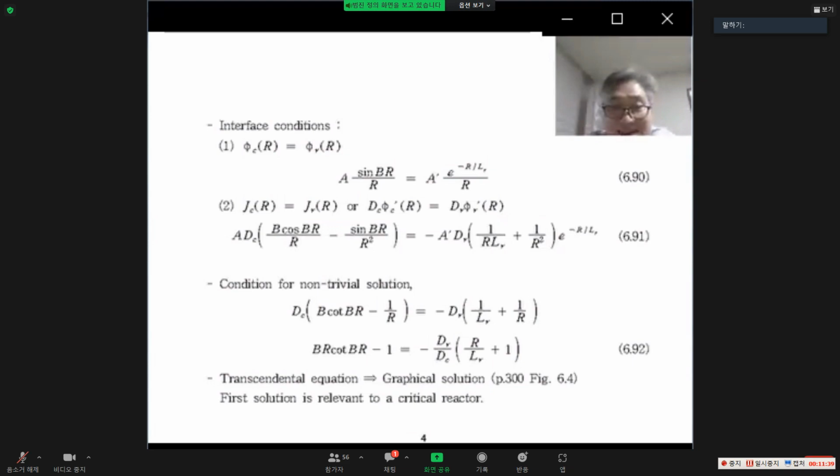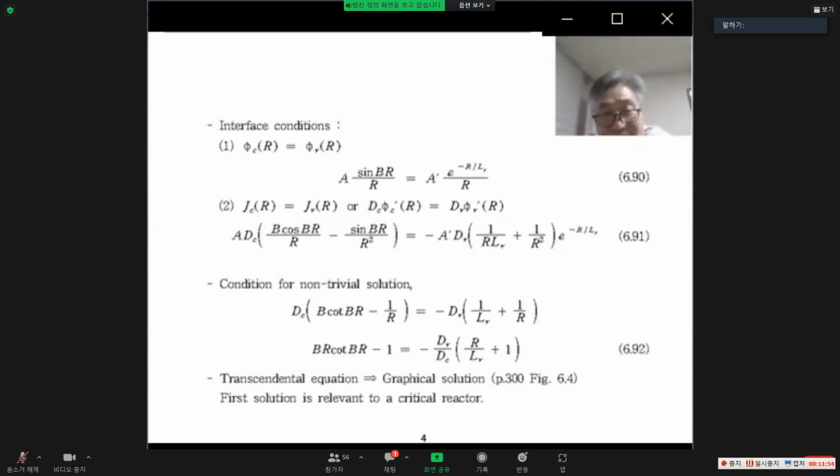Let's look again at the equation. PR cotangent BR minus 1 equals dr minus dr divided by dc and r divided by l plus 1.